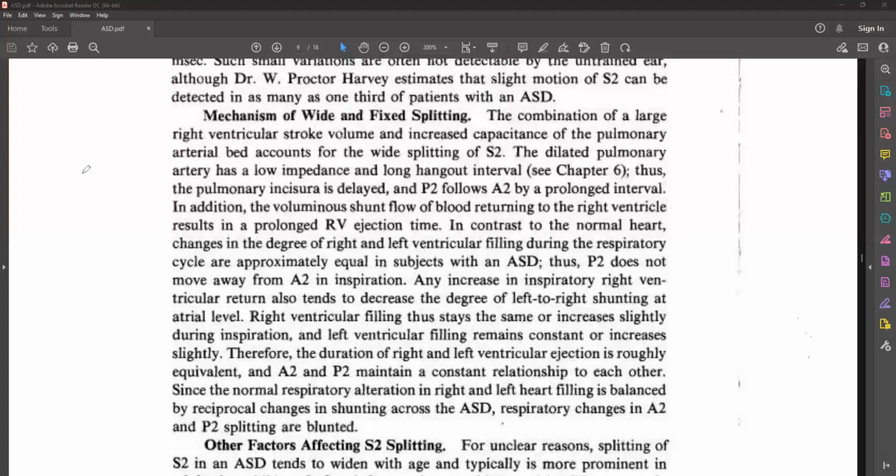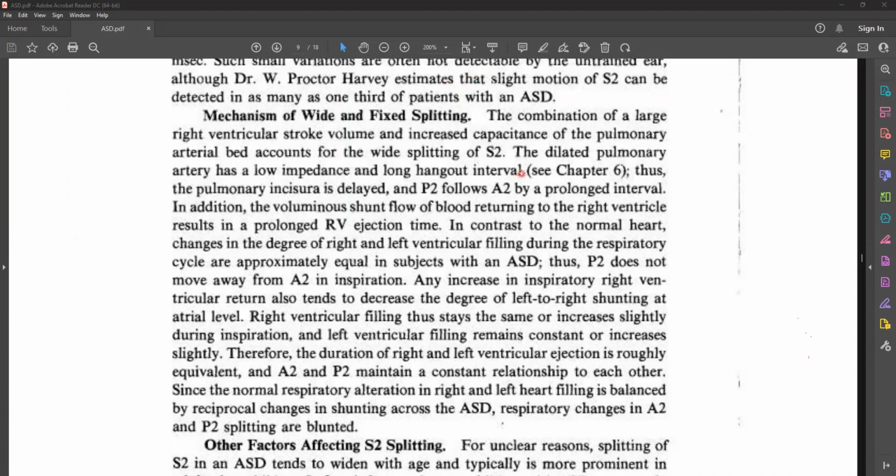Now in atrial septal defect, I'll just put what happens in the right ventricle. So you have the right ventricle. I'll use a pointer preferably.